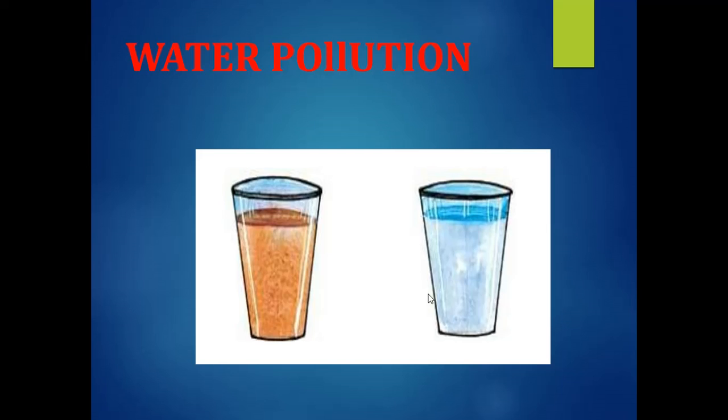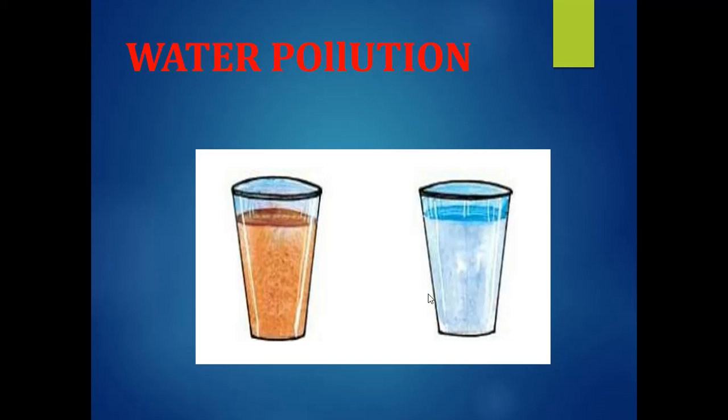From different sources we are getting water, such as well, pond, river, etc. We use these well, pond or river water for different activities. Our elders bring water from these different sources and use it for cooking and drinking purposes.